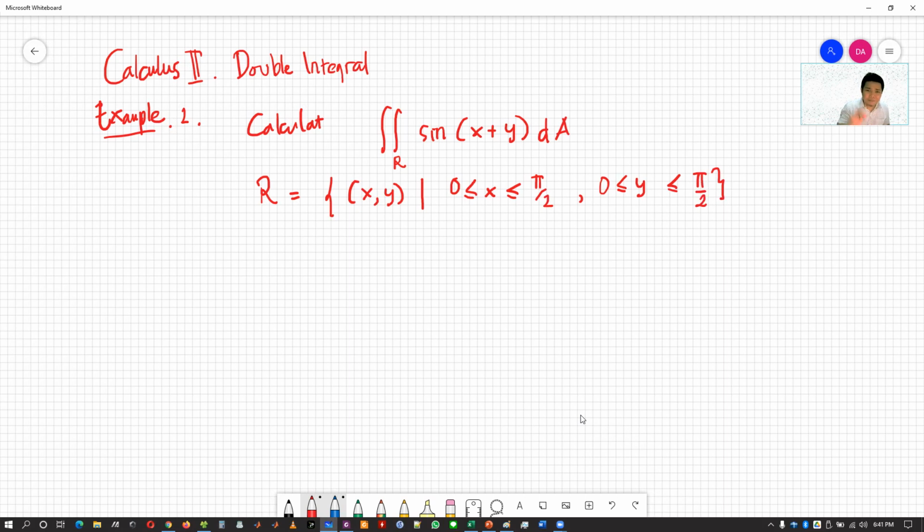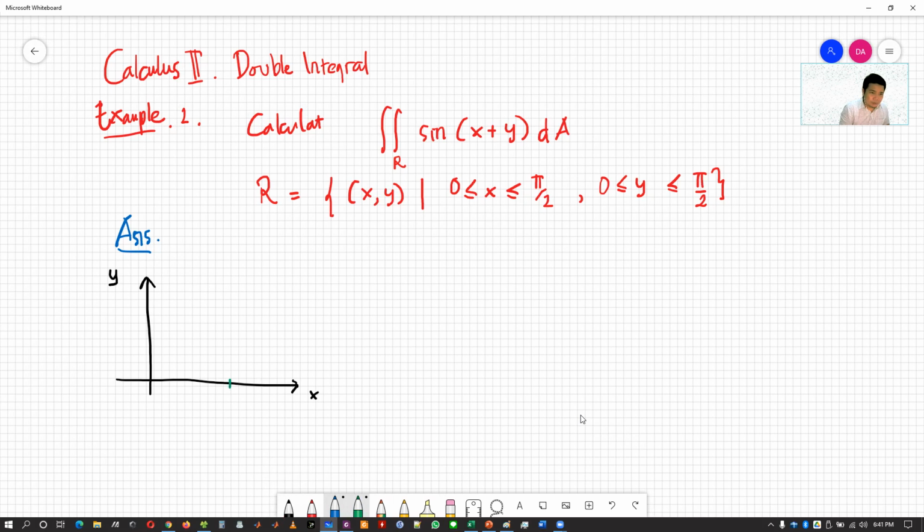How can we calculate it? First of all, we should check the area of R itself. So we write down R itself. What is R actually? The domain of these functions. This is x, this is y, and I will write it down.